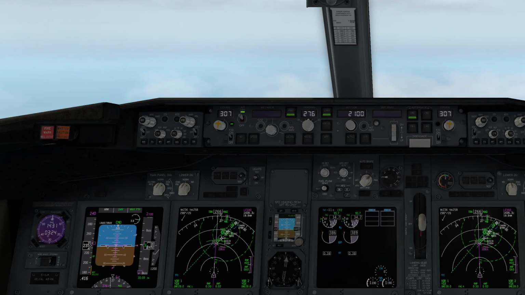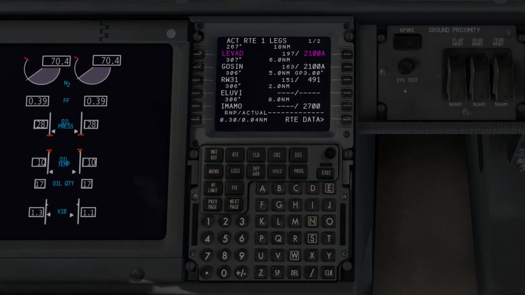Gander is at 28 nautical miles. Let's see if there are more speed restrictions coming in, probably 160, and then the runway.